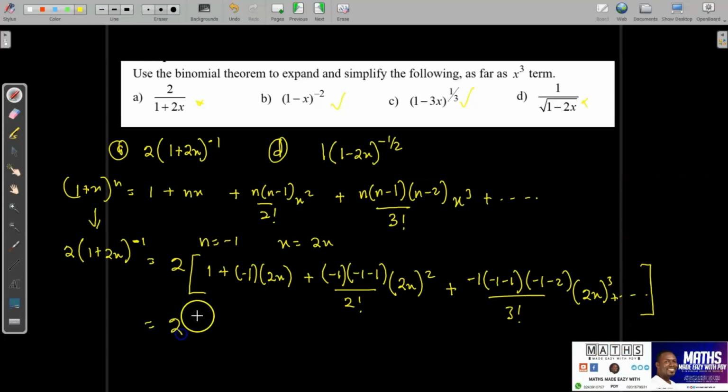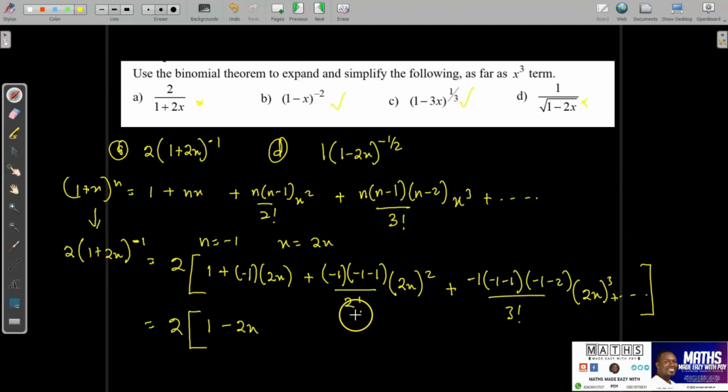Simplifying further, 2 bigger square brackets. This will be maintained as 1, but here becomes -2x. Then here will be -2, -2 times -1 will give us +2, +2 all together divided by 2 factorial.